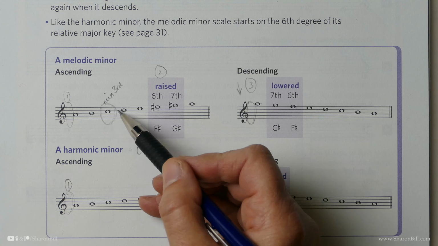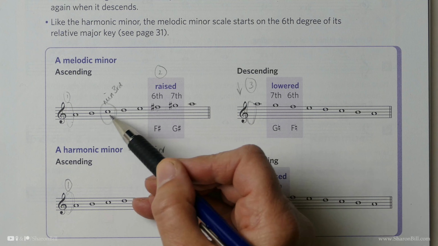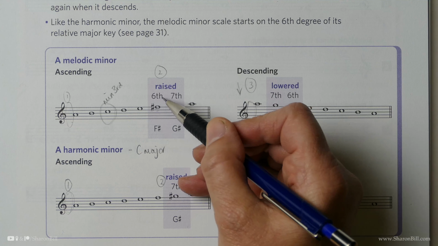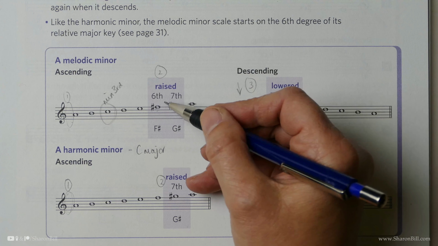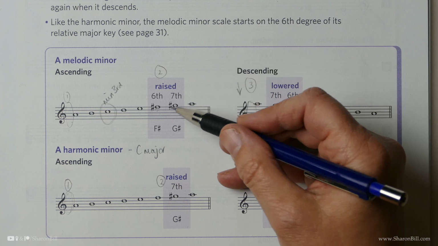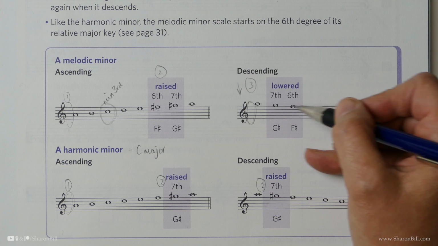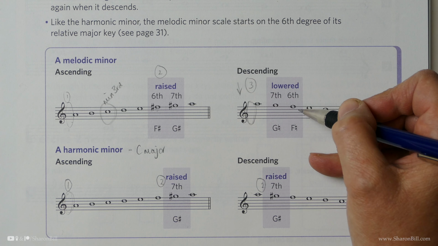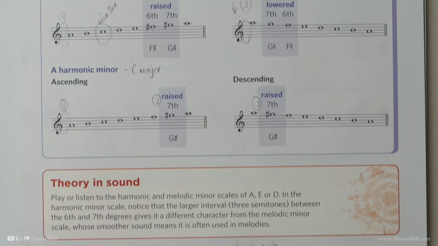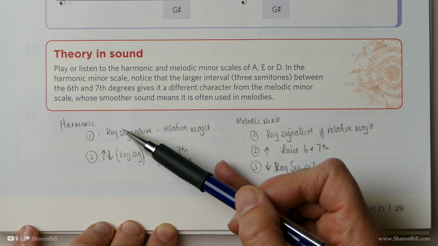We've got the minor ascending and descending. We've got this smoothed out raised 6th and 7th, but if we don't want it to sound quite so major, we've got the option of coming down in the natural minor, where we can lose the G sharp and the F sharp and come down, so it sounds like the minor scale again. And so we have these two versions to hand. So I do suggest that you really just get used to writing those out.